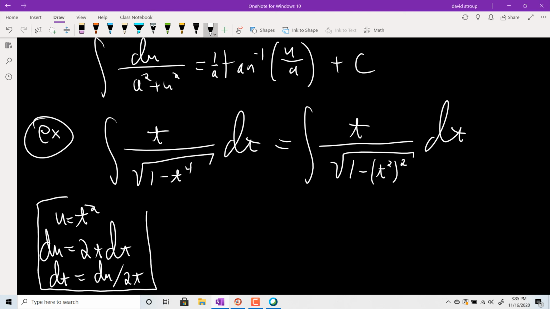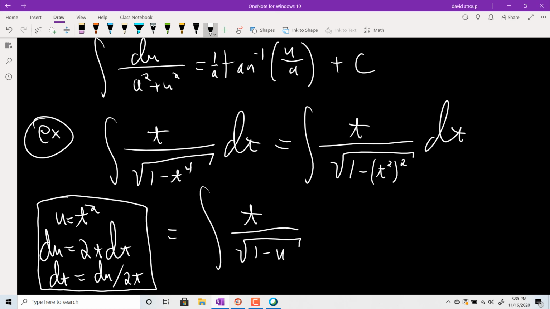So we can rewrite our integral. I have t all over the square root of 1 minus u squared times dt, which is now du over 2t. And we have a nice cancellation of the t's. There's a factor of 1/2, which can be pulled out.